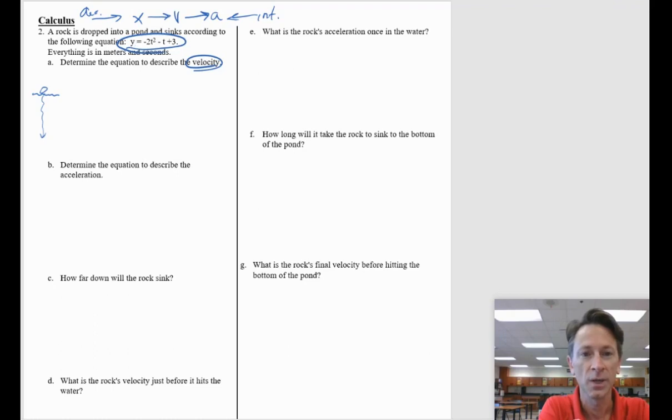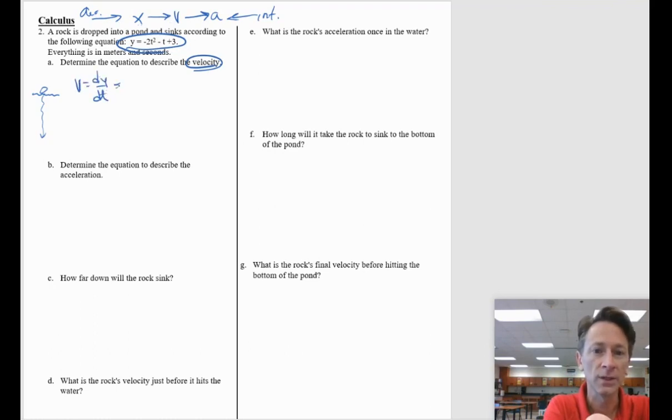So if I'm given a position and I'm going to a velocity, then I'm going to be doing a derivative. So the velocity is going to be the derivative of y with respect to t. You need to show this notation because that's one of the ways to show the reader that you know the calculus that goes with that.